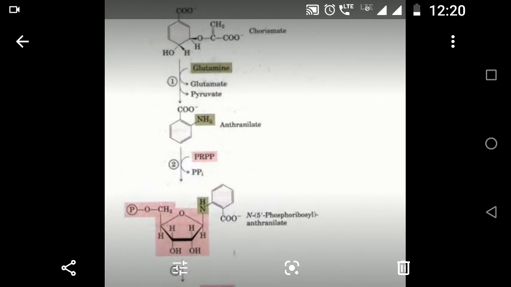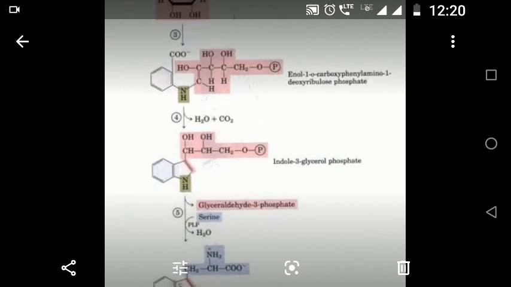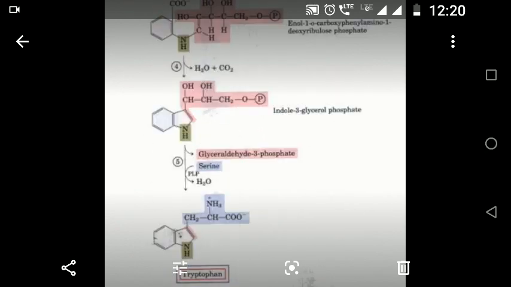From these 5 steps we are getting tryptophan from chorismate. That is why we require 5 genes to produce 5 polypeptide chains, and from the 5 polypeptide chains we will get 3 enzymes. So that is the overview of the structural genes necessary for the biosynthesis of tryptophan from chorismate.